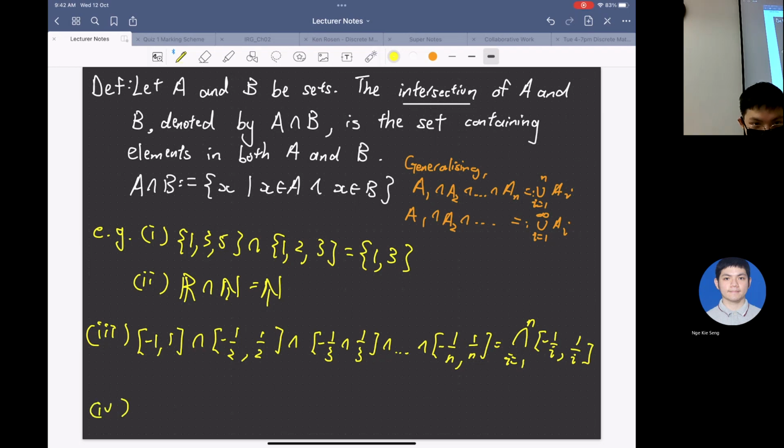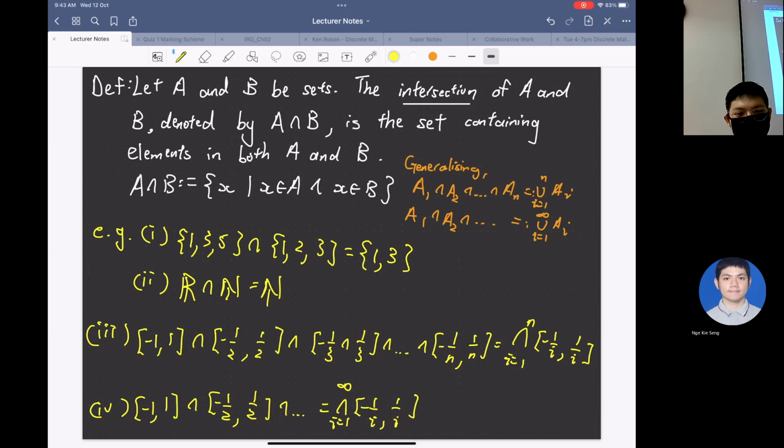For one, I take the finite intersection, and for the other one I take the infinite intersection. Okay, so I stop here. You can get some rest and think about these two questions, then we come back.